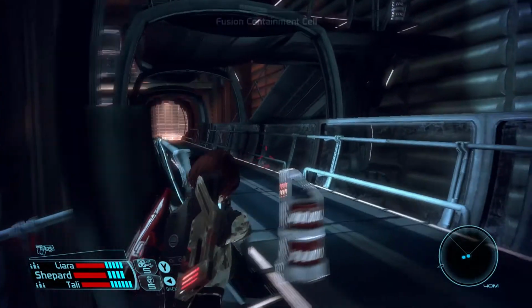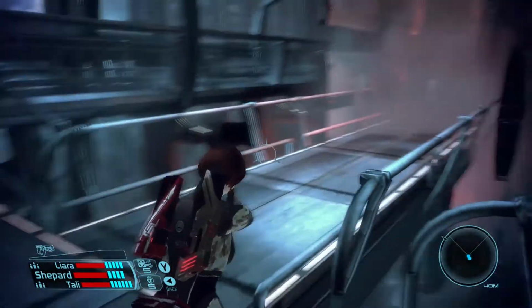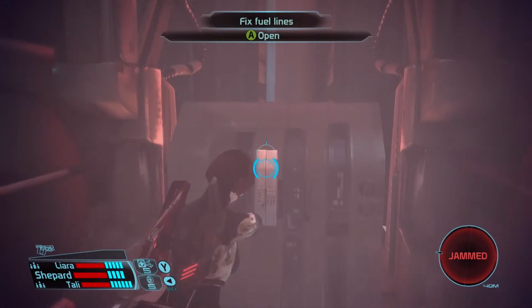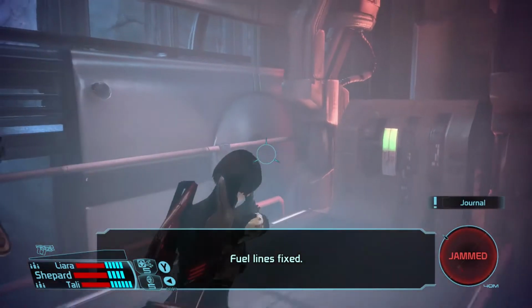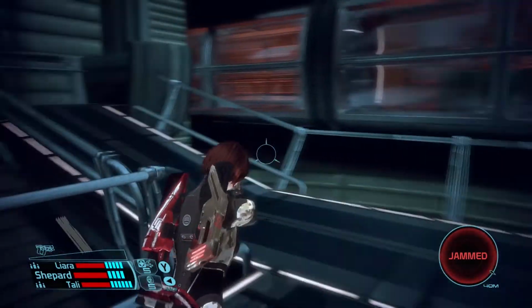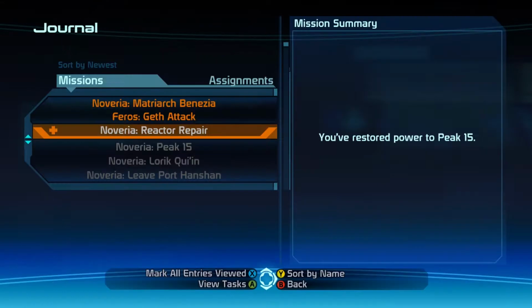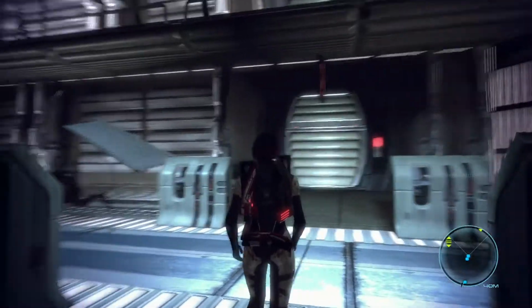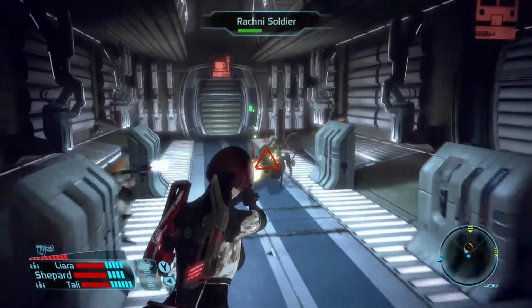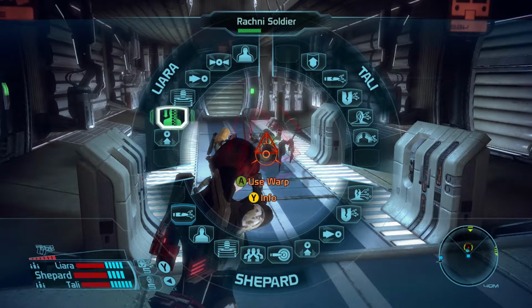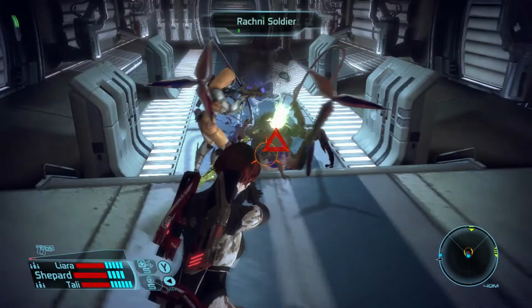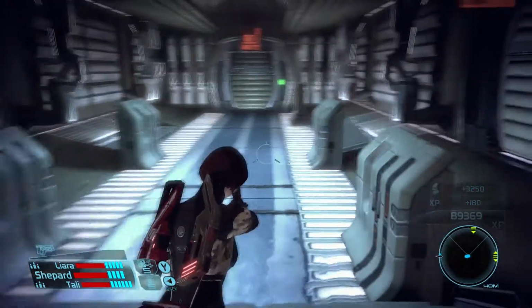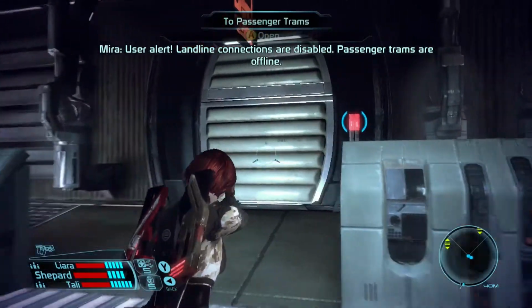HE3 fuel lines cut. User alert. Landline connections are disabled.